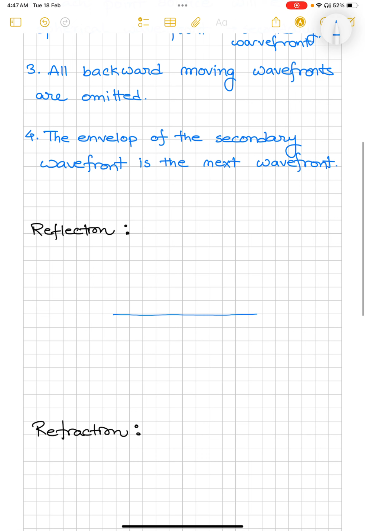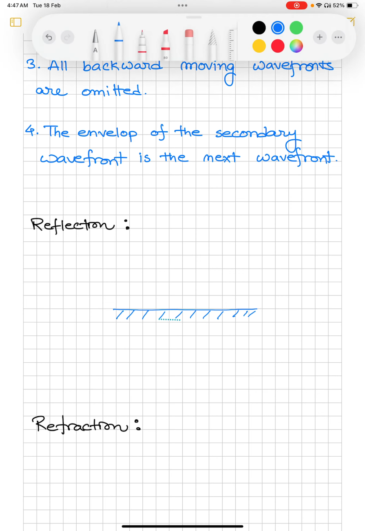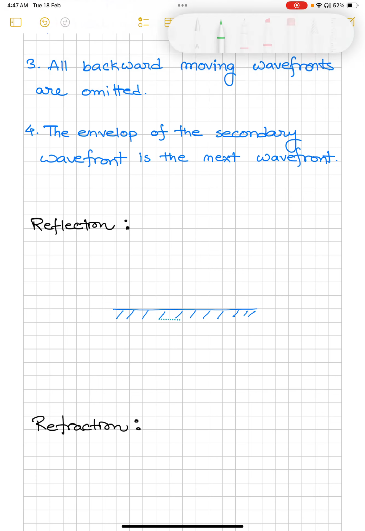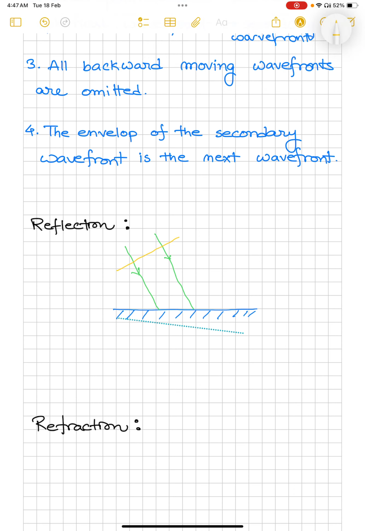In this case of reflection, this is the mirror, and light is coming. This is the ray of light which is coming. So I can draw the wavefront, which is perpendicular to the ray and parallel to each other.